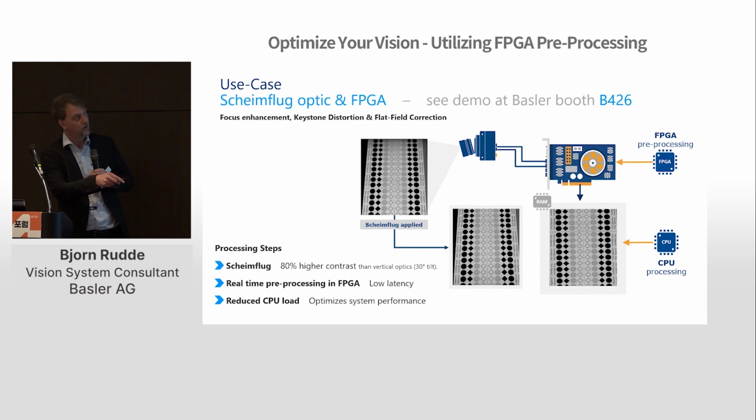This is a Scheimpflug approach of doing images, and then the result is coming here. So the 80% higher contrast is based on the optics, but then you have the real-time pre-processing in the FPGA, correcting the perspective problem to a very nice image for the further processing. So it's targeting reducing the CPU load by using the FPGA again inside of the frame grabber.